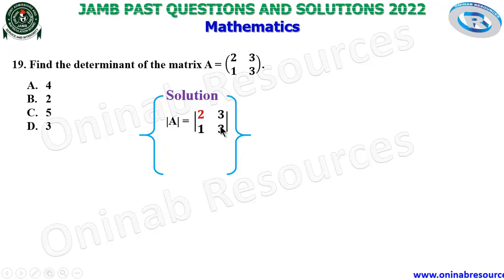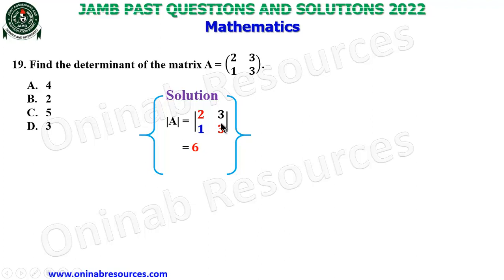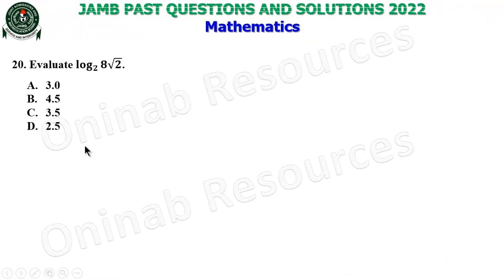So 2 times 3 giving us a 6, minus 1 times 3, that's going to give us a 3. 6 minus 3 gives a 3. So the determinant of A is 3, and that gives option D. So we go for problem 20.